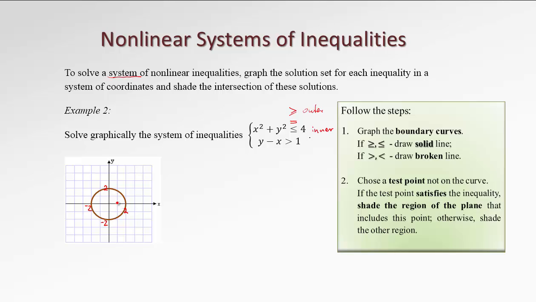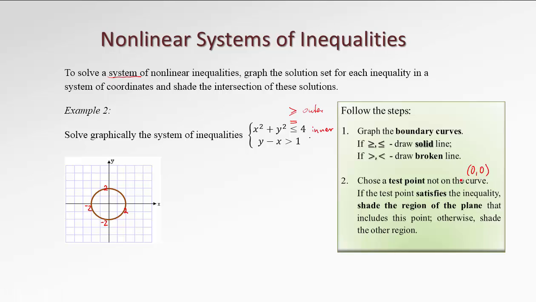So choose a test point that is not on the boundary curve, and choose an easy point to calculate. The best idea is to choose the point 0, 0. The only way that this point won't work is if it is actually on the boundary curve. Then you can switch it to 0, 1 or 1, 0, something that is not on the curve.